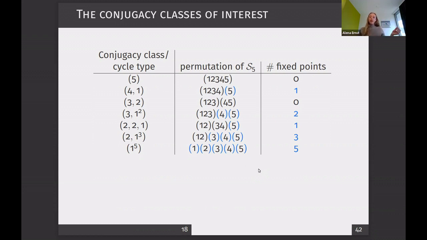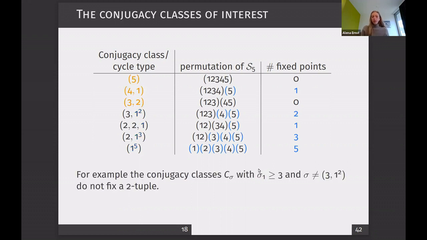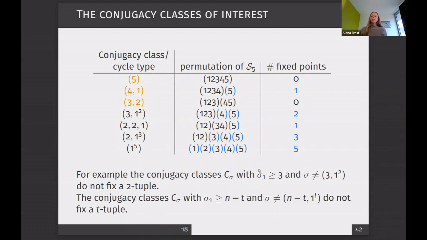So translating this into the cycle type notation means we just have to count the number of ones occurring in the cycle type. So for example, the orange marked conjugacy classes give us some classes that do not fix a two-tuple. And for arbitrary t, we could just take the conjugacy classes such that our first part has at least n minus t, and we are not equal to this one, which does fix a t-tuple. But all of these conjugacy classes then do not fix a t-tuple. So these will be the conjugacy classes we want to take in our weighted linear combination.